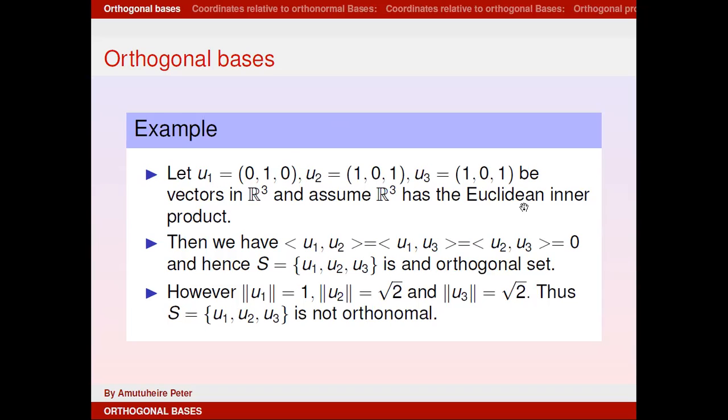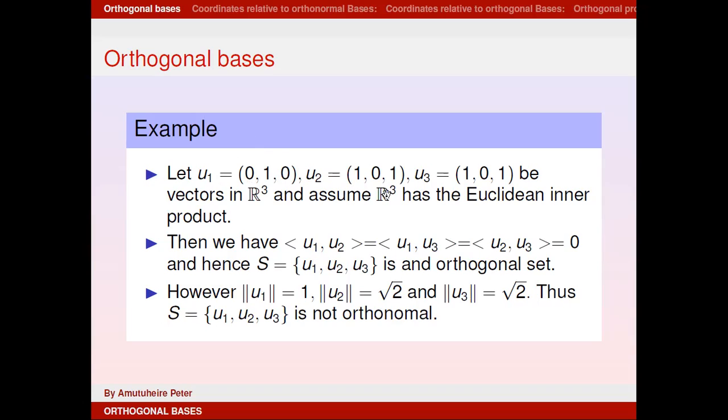Remember, we are talking about the Euclidean inner product. Using that formula, the inner product of u1 with u1 is dotting this vector with itself, and when we do it, we get 1.